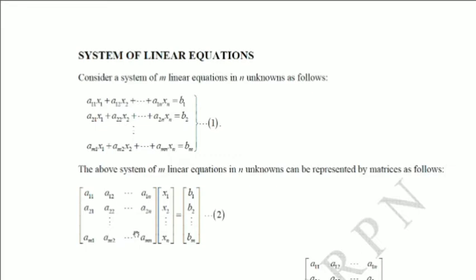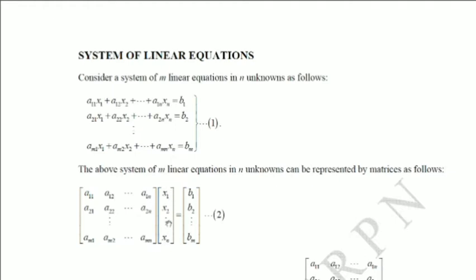And remember, there are m rows, and how many columns are there? 1, 2, etc. up to n columns. So there are m rows and n columns. Therefore, this is an m cross n matrix. m indicates the number of linear equations and n indicates the number of unknowns.